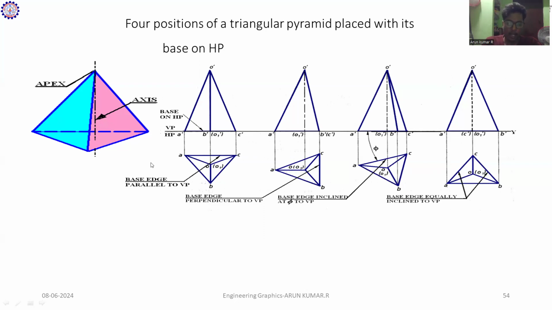After that, construct the triangle. Take the value of 25 and cut arcs from A and C. Both arcs meet at one point, which is called point B. After marking B, draw projector lines from each corner towards the XY line, giving the top view of the given solid.